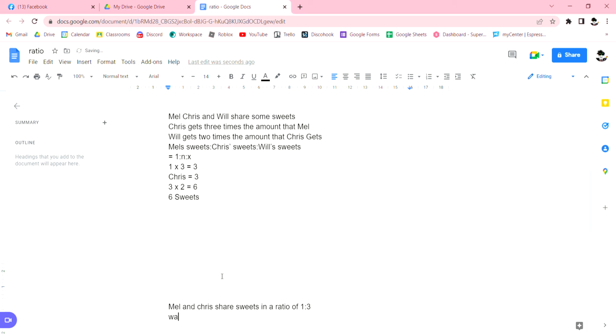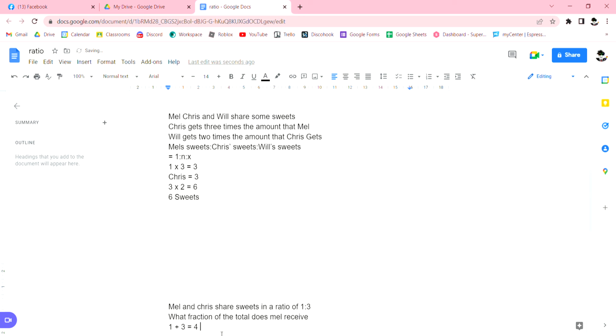Then you may be asked what fraction of the total does Mel receive? So we know that Mel receives 1, but we need to figure out the total amount that's being received in the ratio. So we do 1 plus 3, which is 4, pretty straightforward.